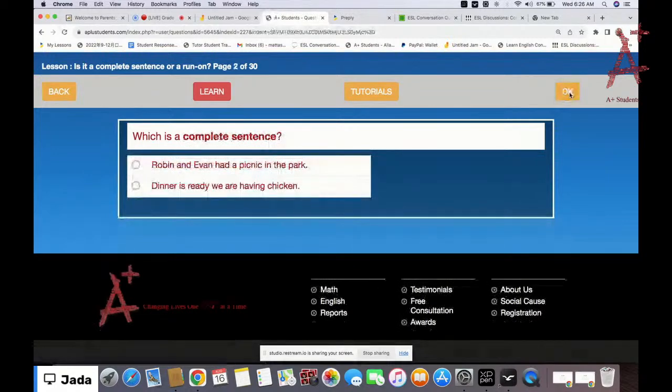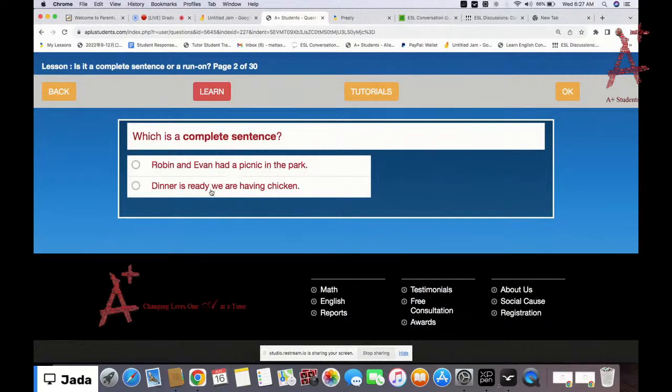Which is a complete sentence? Robin and Evan had a picnic in the park. Dinner is ready. We are having chicken. So Robin and Evan had a picnic in the park is a complete sentence.